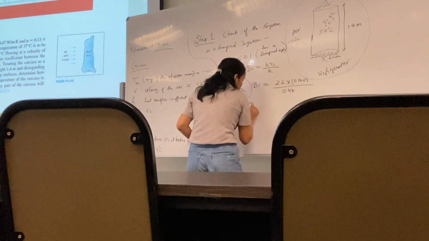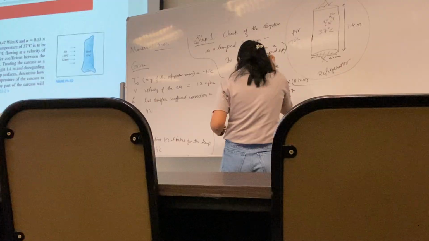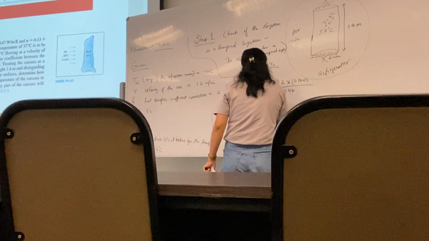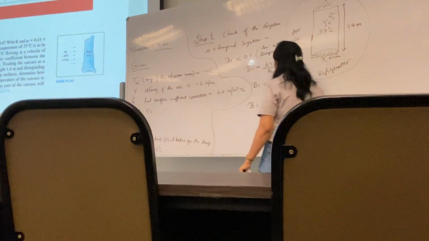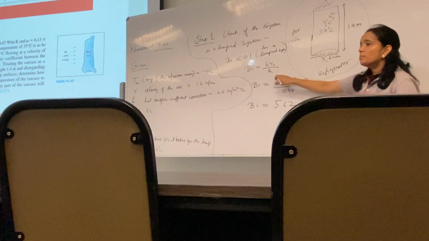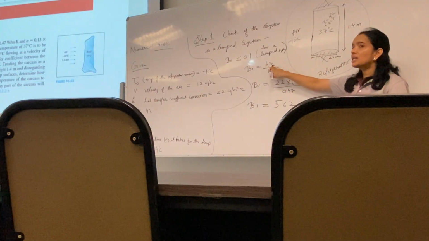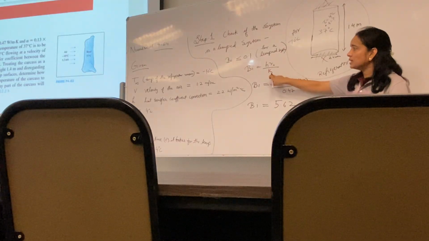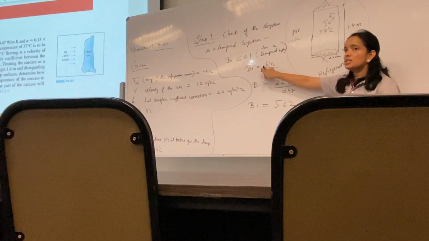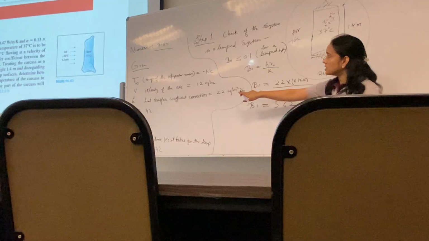When you calculate this, you will get a Biot number of 5.62. This is the Biot number for a cylinder. We write h r naught divided by k, the thermal conductivity. r naught is the radius, and h is the heat transfer coefficient by convection. h is given.